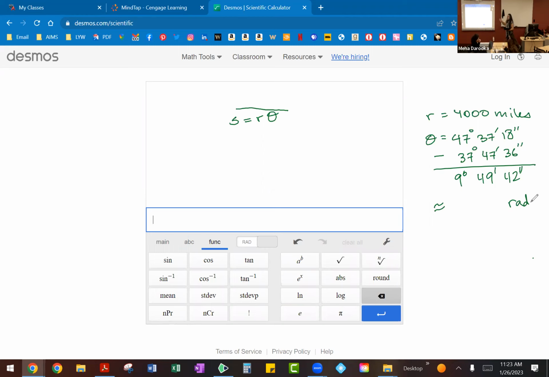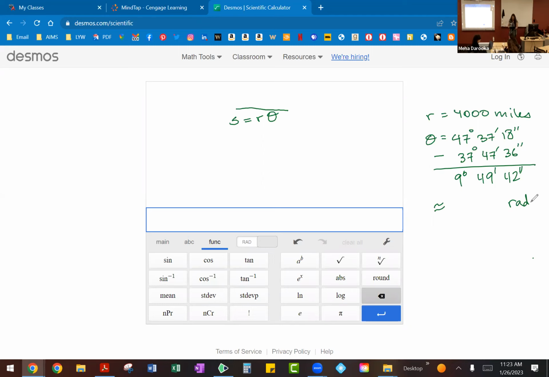If you wanted to do this by hand, you would first have to convert this into degree decimal form, because obviously we cannot leave it with minutes and seconds, and then convert it by using pi over 180 to go from degrees to radians.